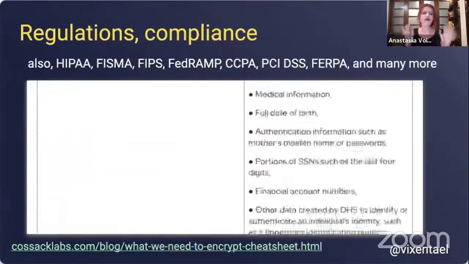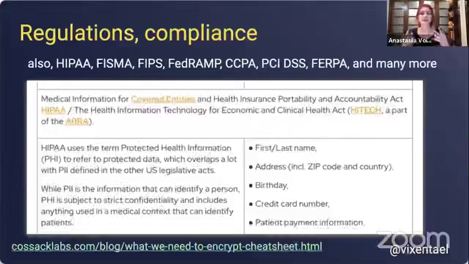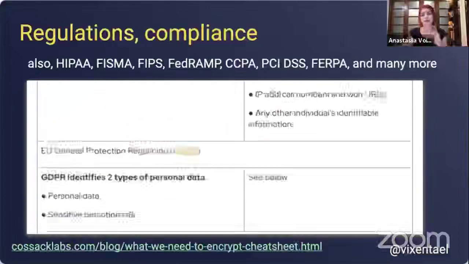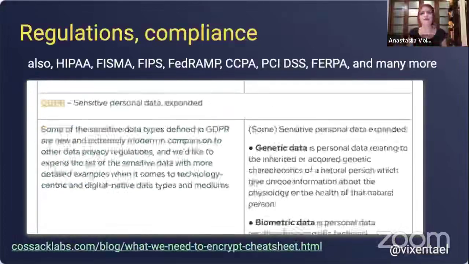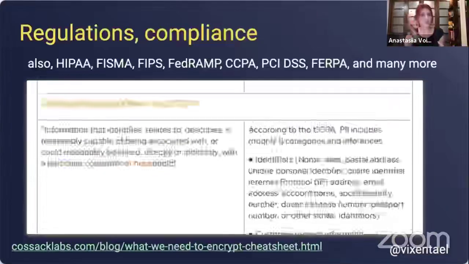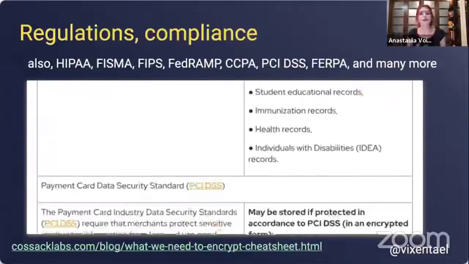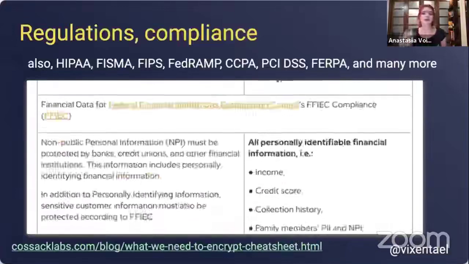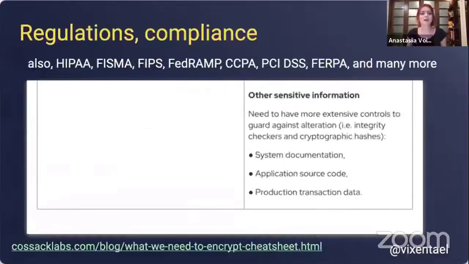And of course, we have many more regulations that do classify data as sensitive and personal. So they provide you with data types you should keep an eye on. And often they recommend or require some kind of data security and data encryption, anonymization, tokenization, many more. You know all of these, like HIPAA, FISMA, FIPS, FedRAMP, CCPA, many more.